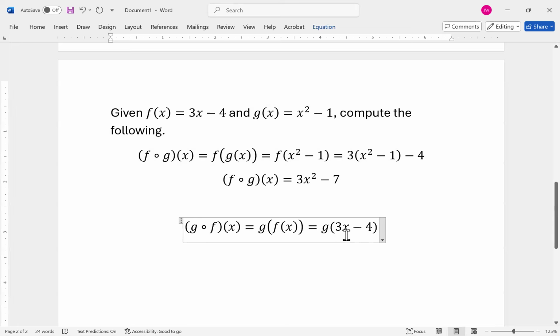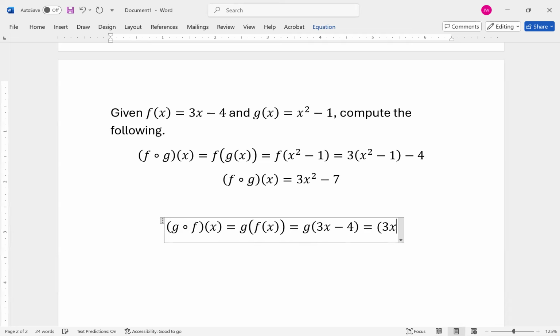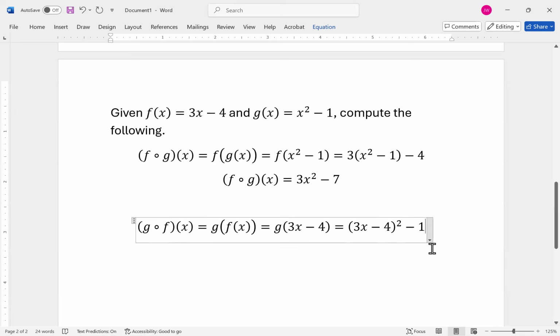So I'm plugging in 3x minus 4 into my function g. That means replace every x I see with 3x minus 4. So we're going to get the quantity 3x minus 4, quantity squared, minus 1.